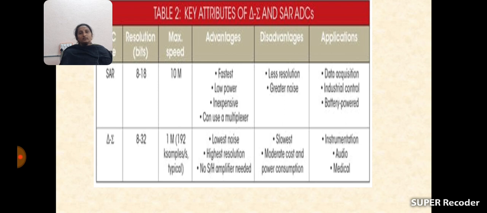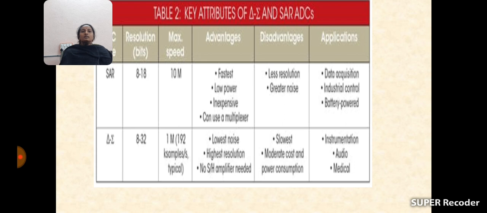Coming to the other advantages, it is very fast, consumes low power and is inexpensive, meaning the cost is also less. Why? Because inside, it consists of a control logic circuit, one SAR register, one converter, and a simple comparator.